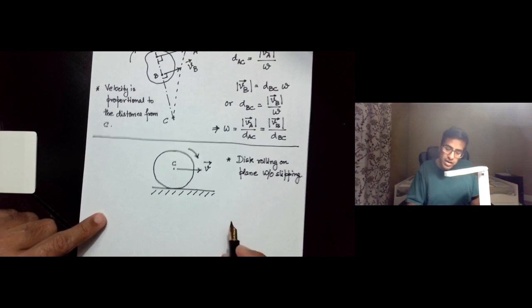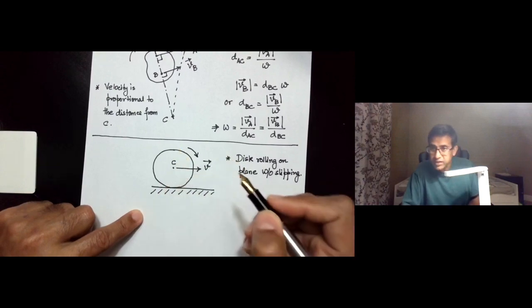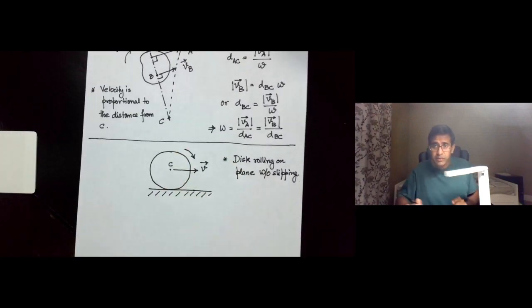Okay. Now, if it is rolling without slipping, now let us consider the basics of the instantaneous center. So clearly this rigid body has got a rotation because the orientation of the disk does change.